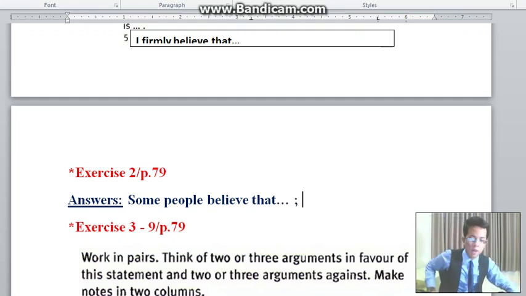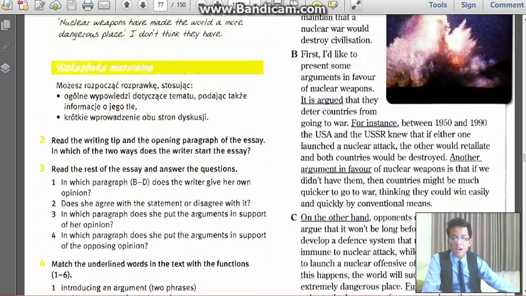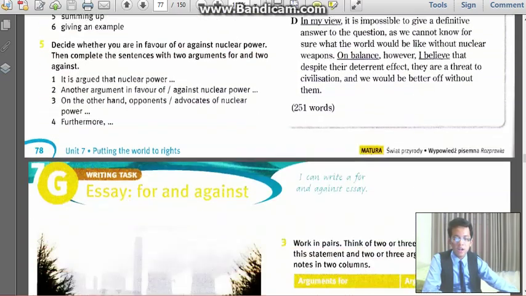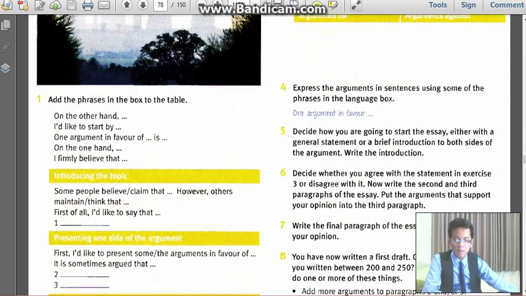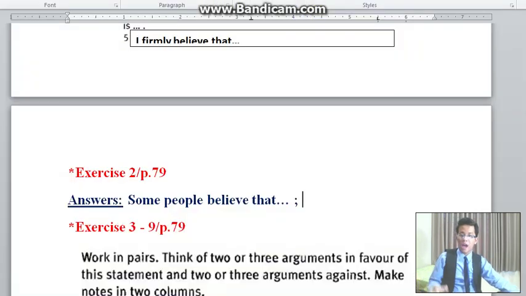Do we have more? However, already. First, I'd like to present some arguments in favor of nuclear weapons. So first, I'd like to present, that is right over here. A little bit of scrolling. First, I'd like to present some arguments in favor of nuclear weapons. So that is the phrase.